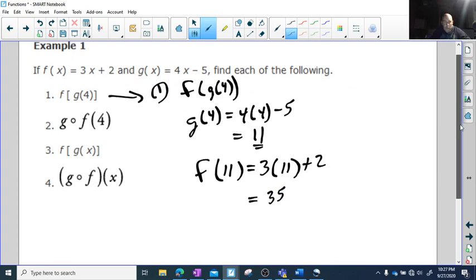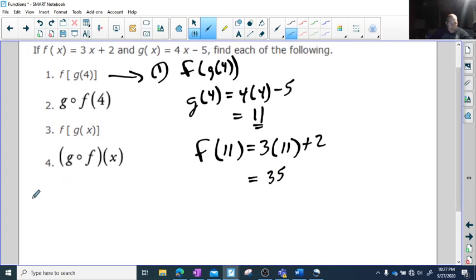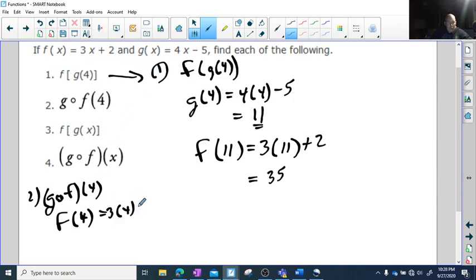All right, look at this next one. G of f of 4. That means find function f of 4 first. Function f at 4 is 3 multiplied by 4 plus 2, which would be 14.